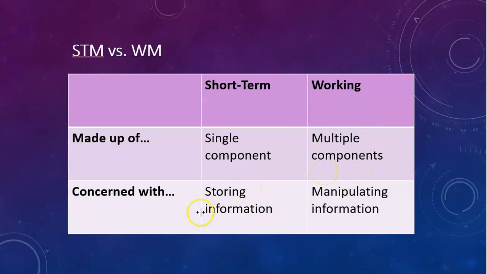Short-term memory is usually concerned with storing information, so that's getting new information, and working memory is manipulating information, so manipulating that information you already have. Okay, but again, you can really think of them as the same, but that's kind of the small difference that you might hear about.